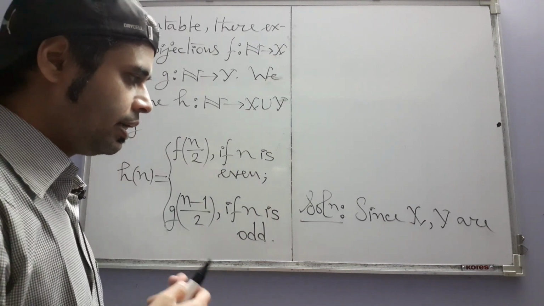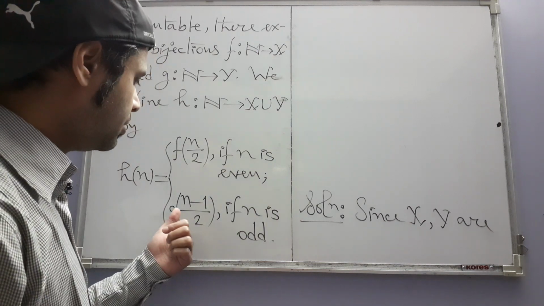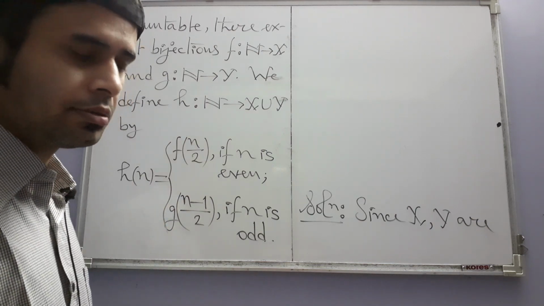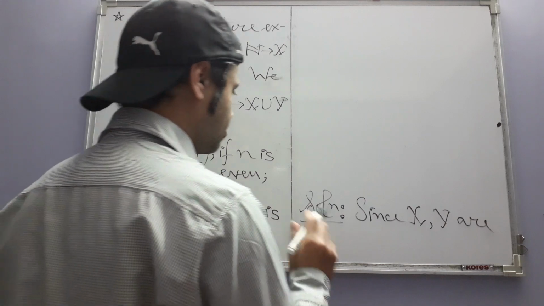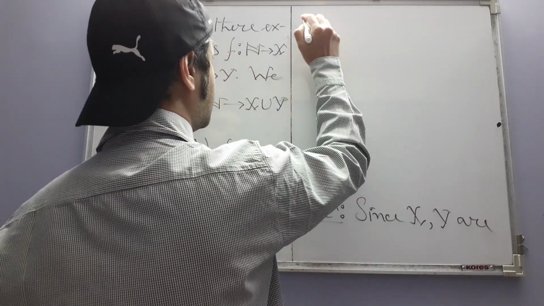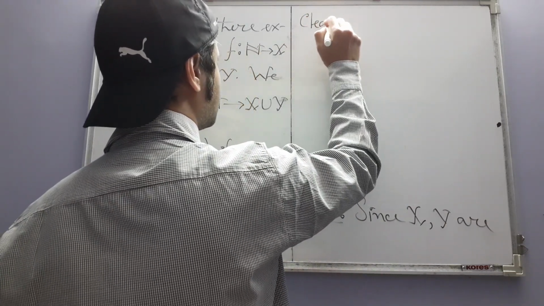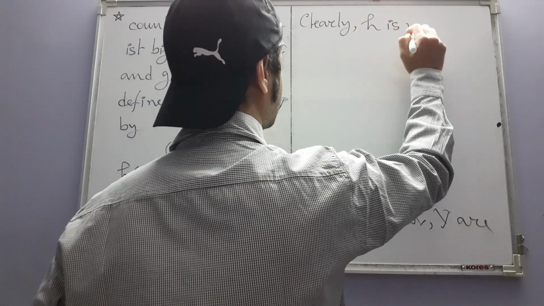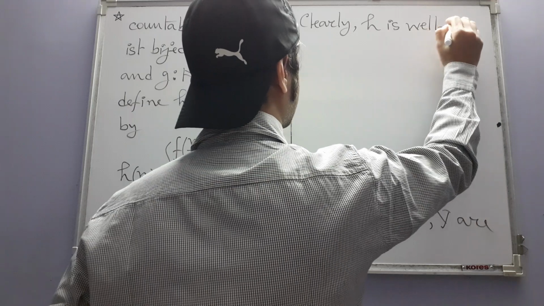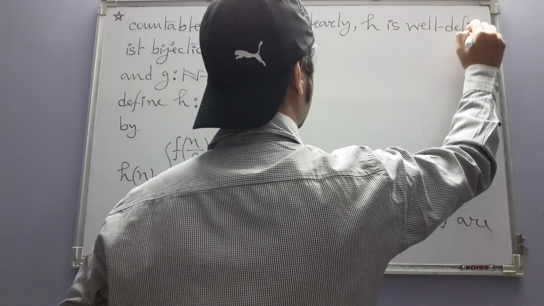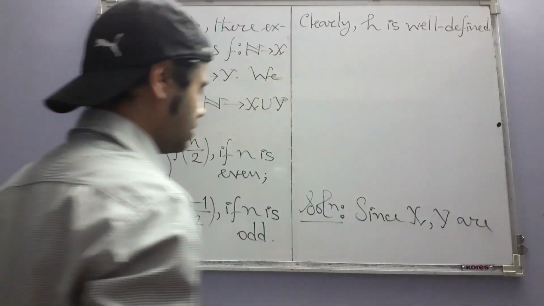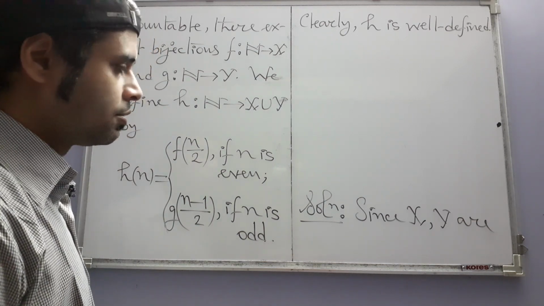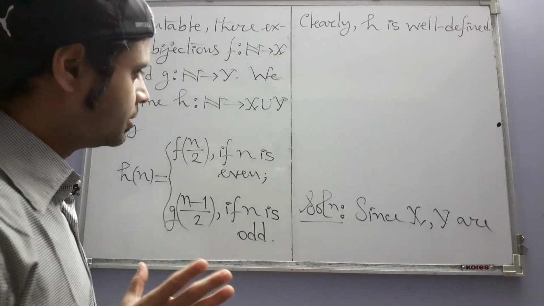But before we do anything with h, we need to first of all make sure that h is a well-defined map. And for that I am just simply going to write clearly: h is well defined. Now is it really clear? Let us see. What do we need for well-definedness?